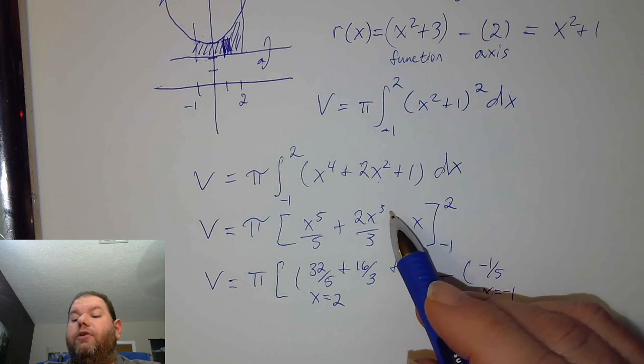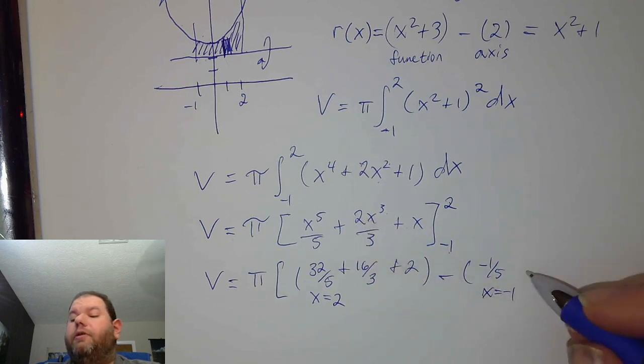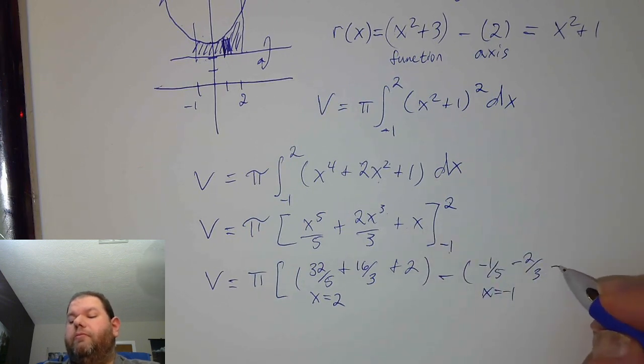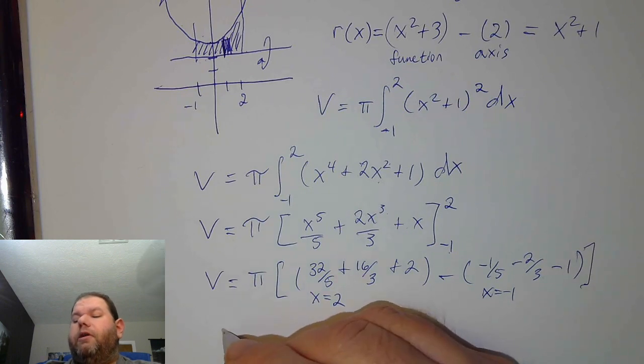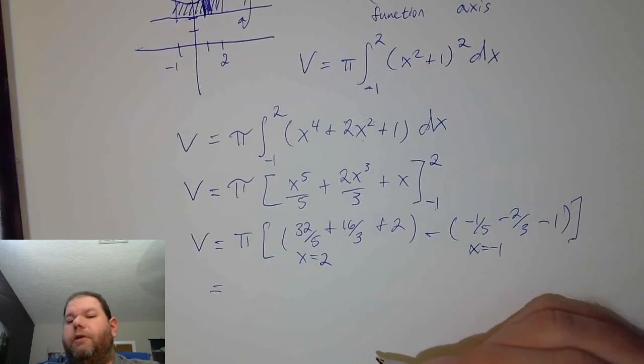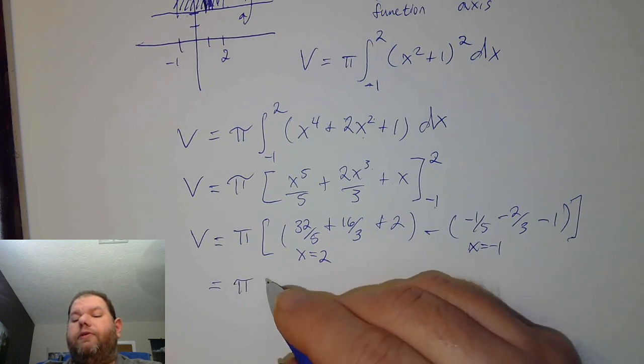Negative 1 cubed is negative 1, times 2 is negative 2 over 3. And minus 1. Again, making sure we get the signs right is probably the only concern at this point.